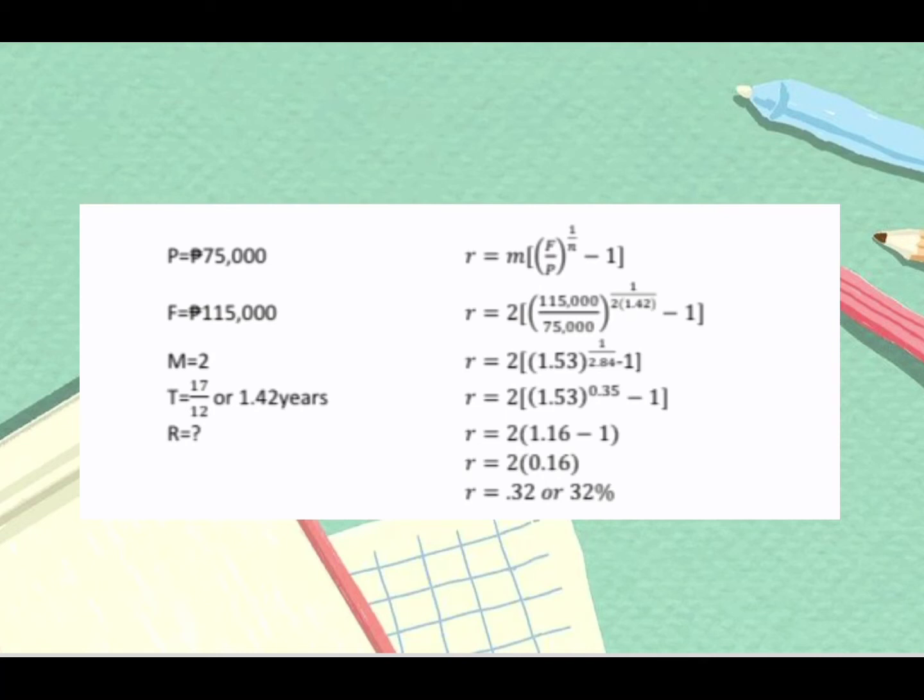R equals 2 times 1.53 raised to 1 over 2.84 minus 1. R equals 0.16. R equals 0.32 or 32%.